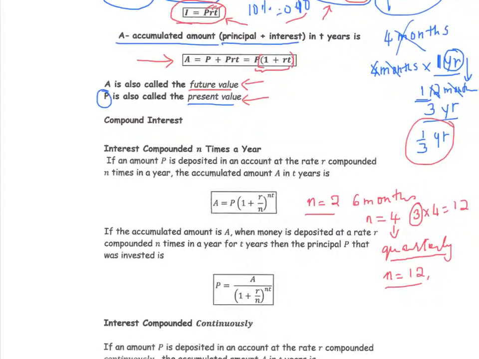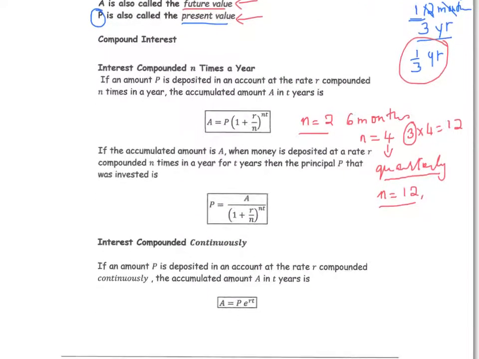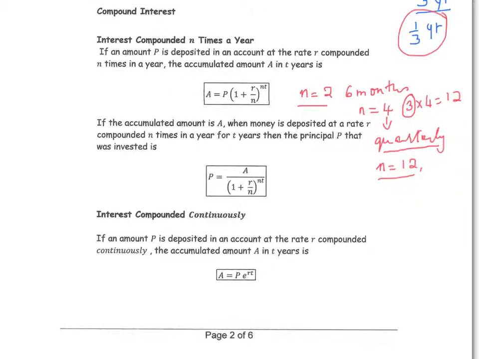So if you see the letter n and the number of times it's compounded, then we are definitely talking about compound interest. Now, we have two formulas instead of going through all the calculations from scratch, which takes forever. So suppose an amount P is deposited into the account at the rate R, compounded n times a year.